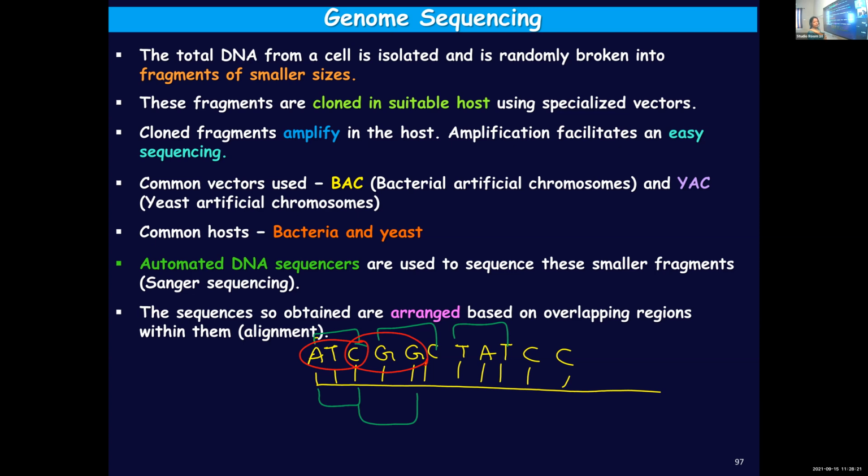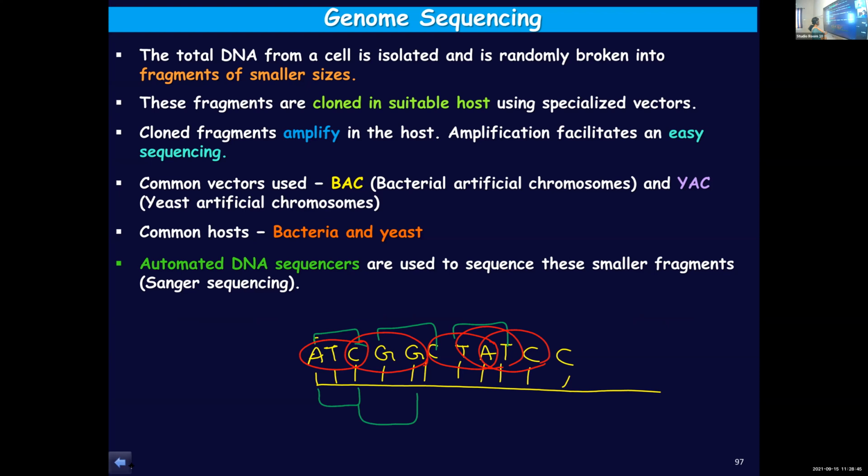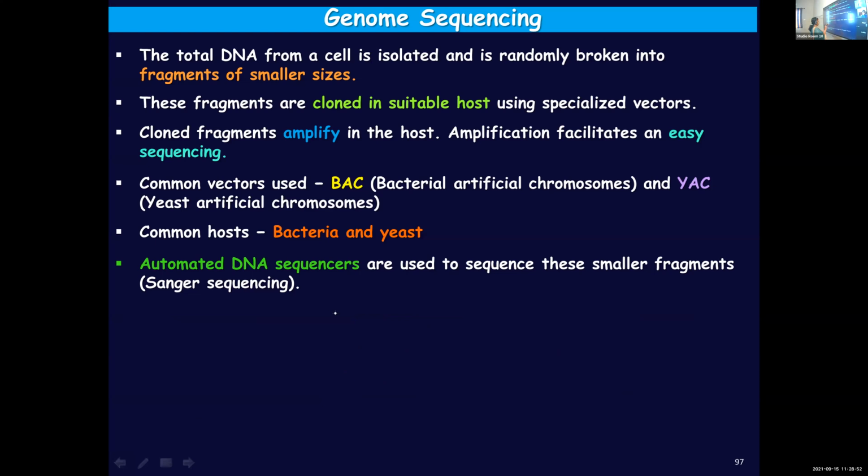In the human genome, there is almost 13.36% of overlapping region. So there this happens. It can be two also, not just one. Say for example, if this is CTA, the next sequence can be ATC or it can be TAT also. So wherever that overlapping is taking place, based on that, the sequence is arranged. Once again, I will show it.